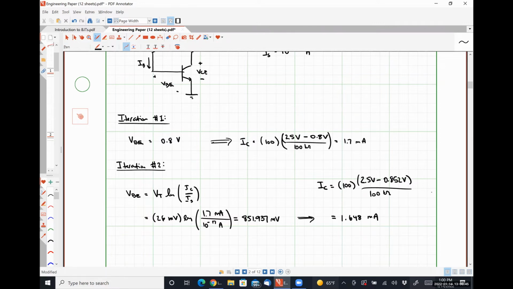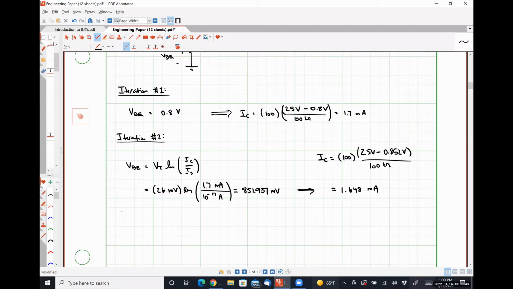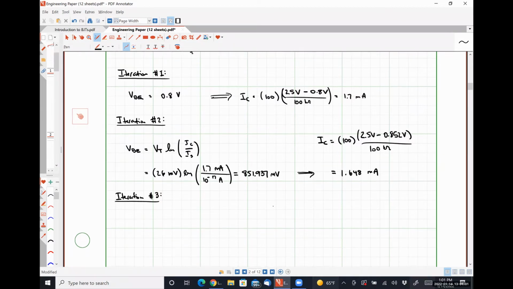Okay. So for our third iteration, we would have VBE is equal to 26 millivolts times the natural log of 1.648 milliamps divided by 10 to the negative 17 amperes, giving us a value of 851.130 millivolts.